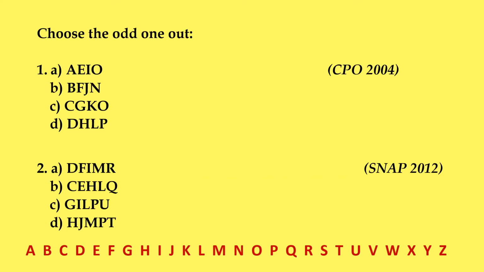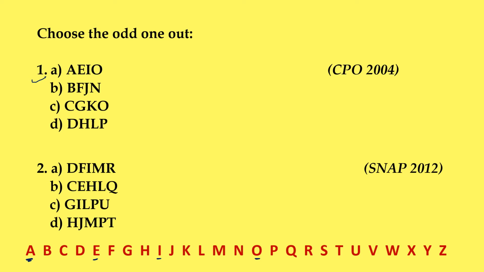Now, having a look at the first question, you can see there are a set of 4 different combinations of letters given to us, and we have to choose the odd one out. So let's have a look at the first one, A, E, I and O. So we have the alphabet on the screen. So if this is A, then we have E, and we have I, and we have O here.